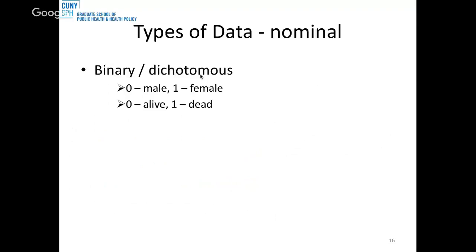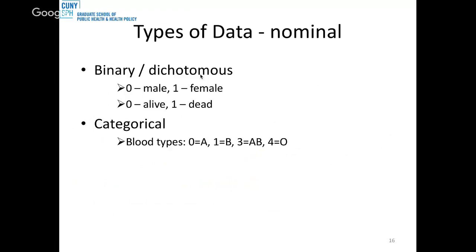This will get coded in the machine as zeros and ones, but in fact those numbers are arbitrary. They're just representing some descriptive variable.